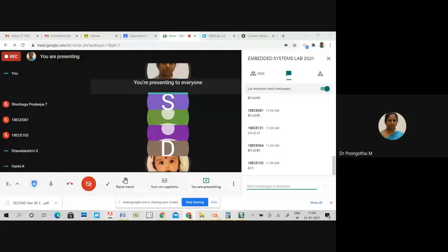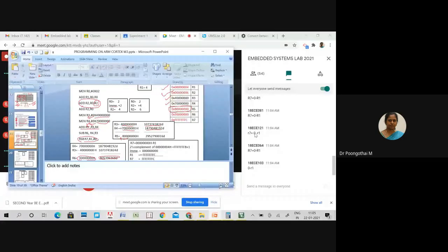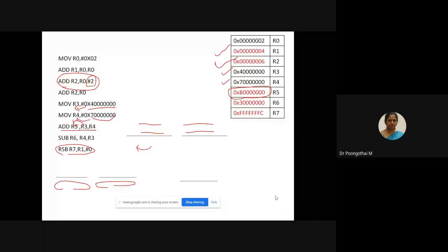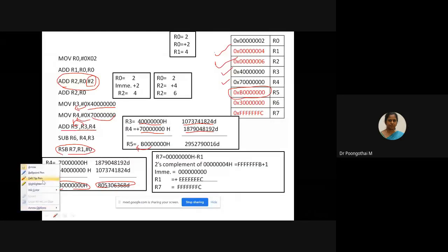It is coming now. R7 is equal to 0 minus R1. So here the operation is 0 minus R1. So to carry out the subtraction operation, we have to take 2's complement of R1. So the content of R1 is 0, 4. So for that, we need to find out the 2's complement.